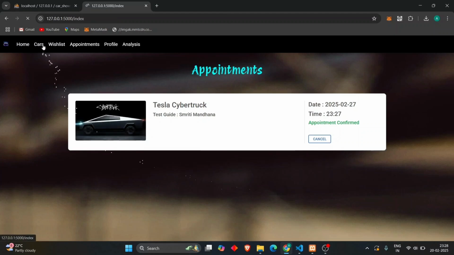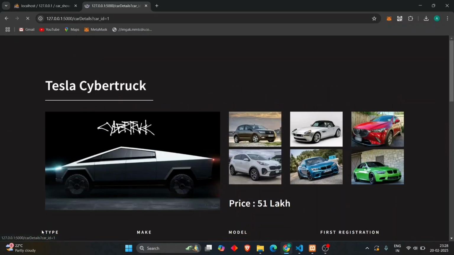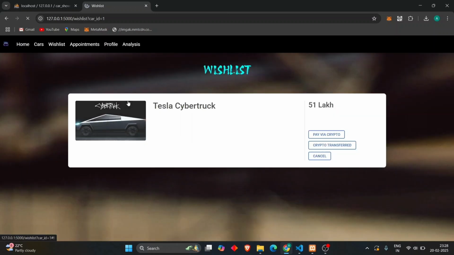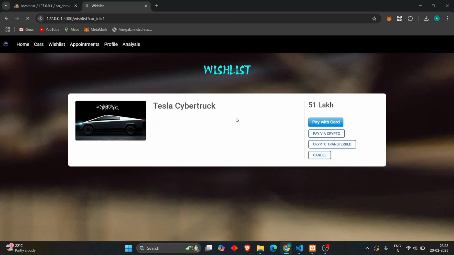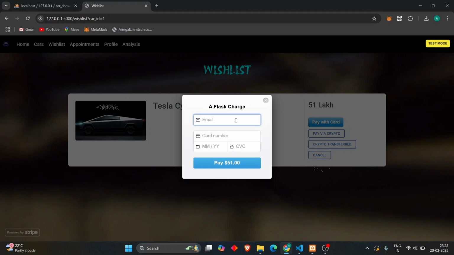And let's say the customer after the test drive wants to buy the same car, so we can go to view car, and there's an option for the customer to add this to the wish list. After adding to the wish list, he can directly make the payment from our website itself. So making a dummy payment over here, we can give the email, card number.